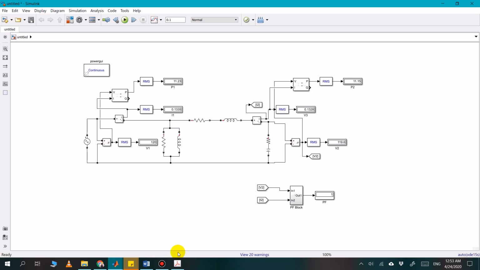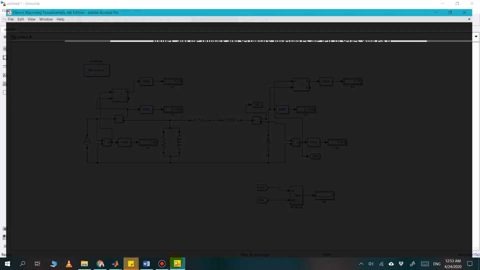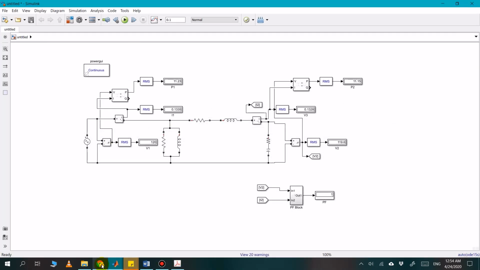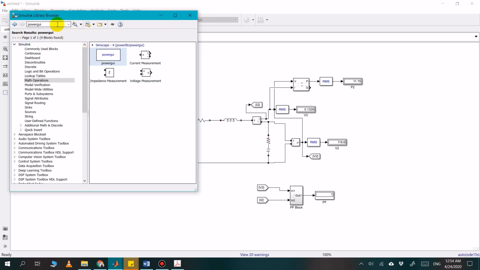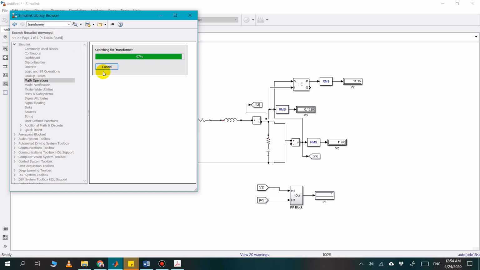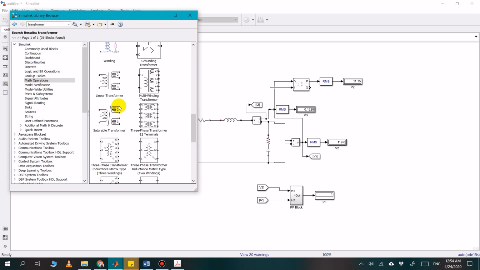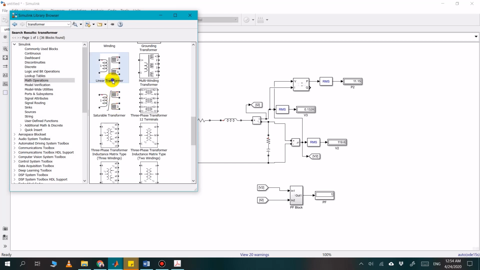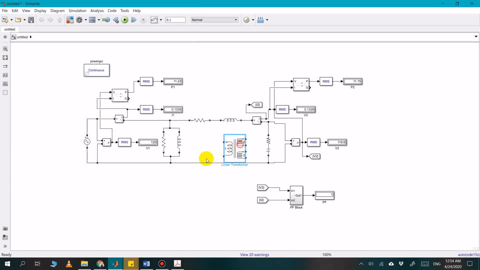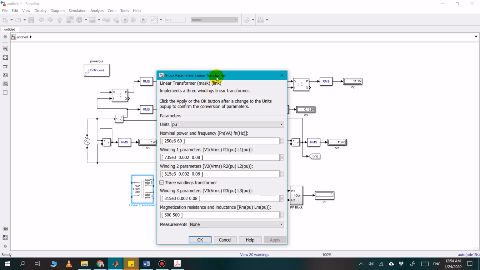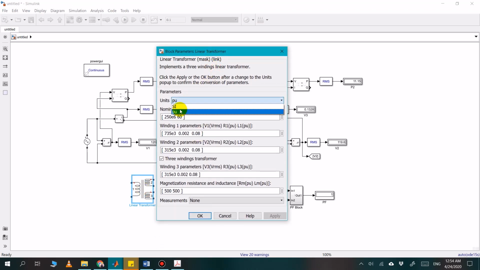Okay, one thing I want you to notice is that you have already performed lab number 2 and lab number 3. So I just want you to notice that if you go into the properties of the transformer, make it SI units.